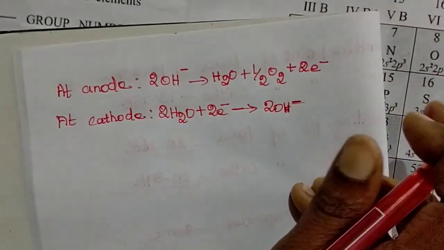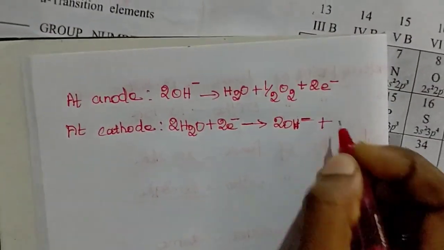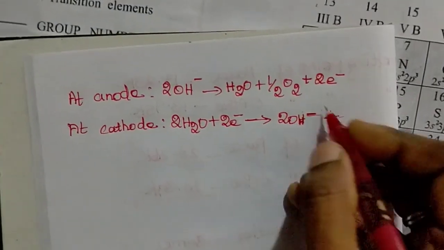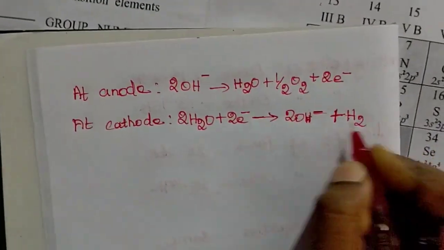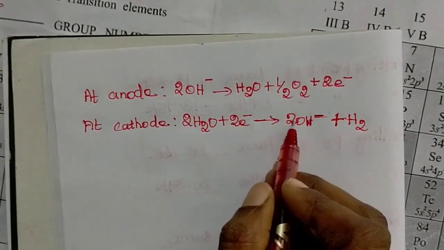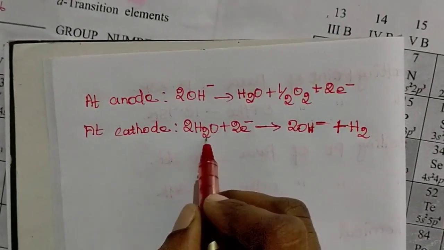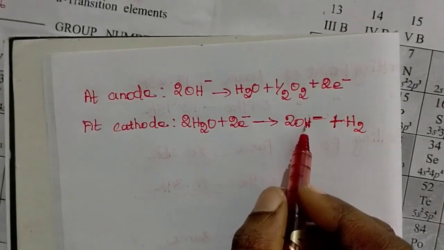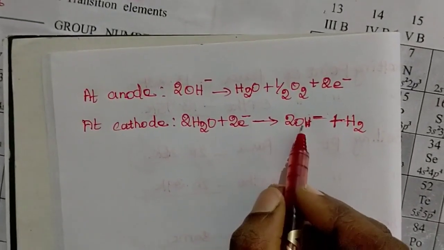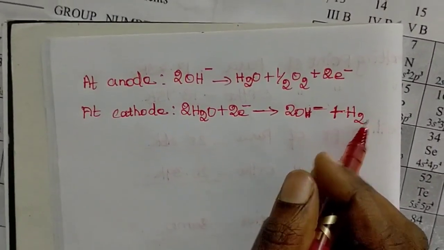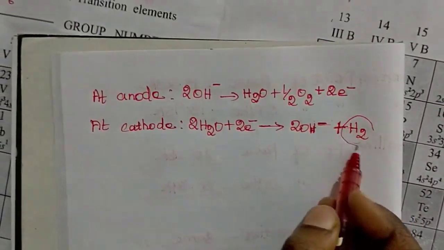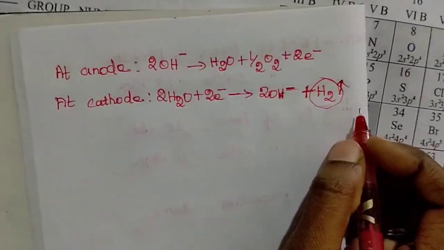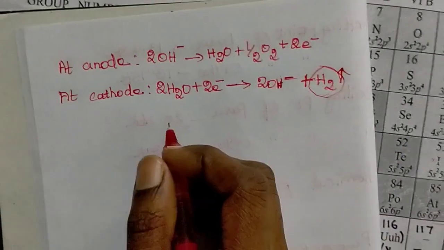Plus the byproduct, H2, because 2O is balanced. Totally 4 hydrogens are present. 2 hydrogens combine with the 2 oxygens to become 2OH minus, and the remaining 2 hydrogens are released as hydrogen gas. So now hydrogen is successfully separated by this method.